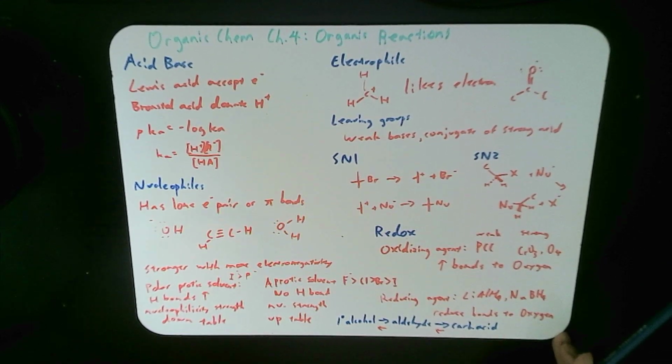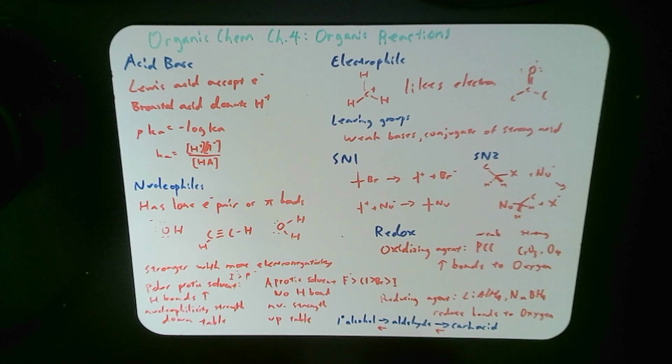Lastly, we have redox, and redox reaction is reduction and oxidation. With oxidation agents such as PCC and chromate and all the multiple oxygens attached to these agents, they help increase bonds to oxygen.